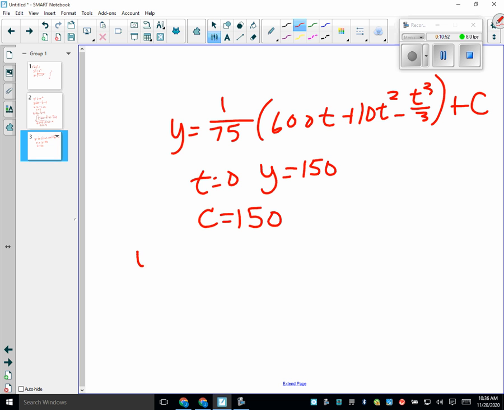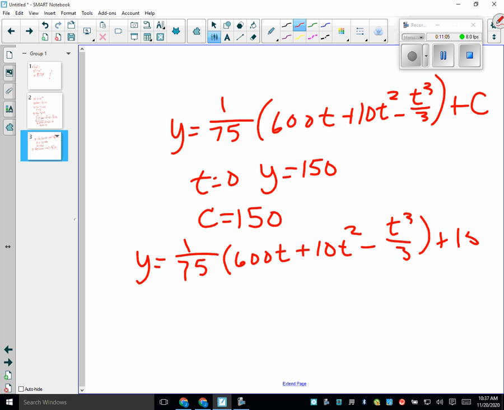So my formula is 600t plus t squared over 2 minus t cubed over 3 plus 150. Yes. And then it says find y when t is 24? 24, so then you plug in 24. Right.